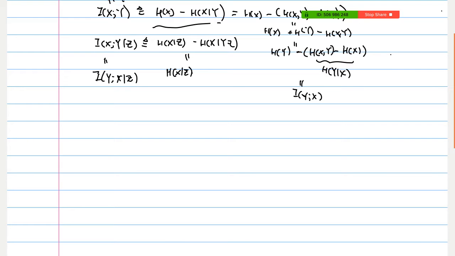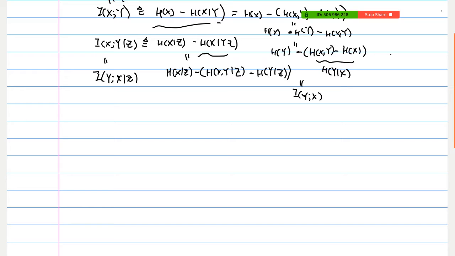So this is equal to H(X given Z), and this term I may write as minus H(XY given Z) minus H(Y given Z), right? So H(Y given Z) plus H(X given Y,Z) should be H(XY given Z).